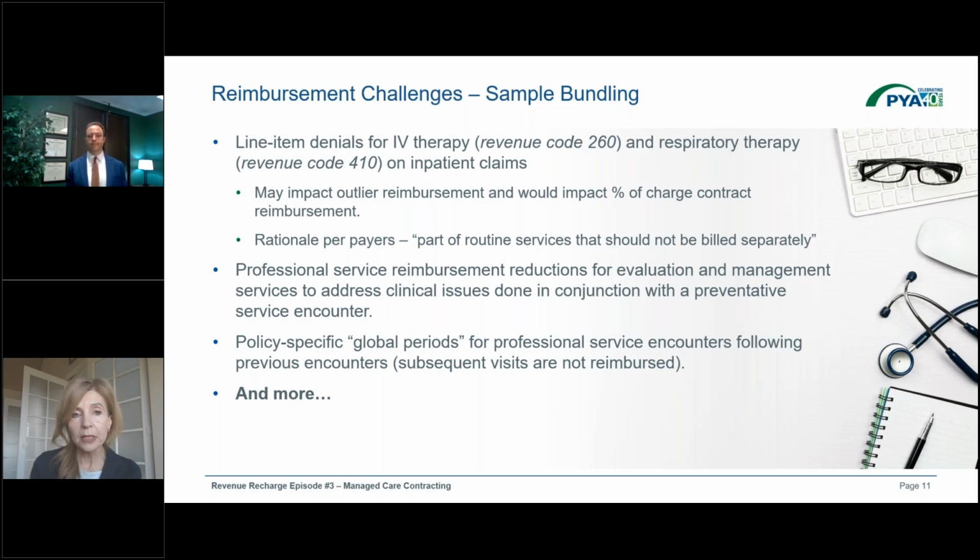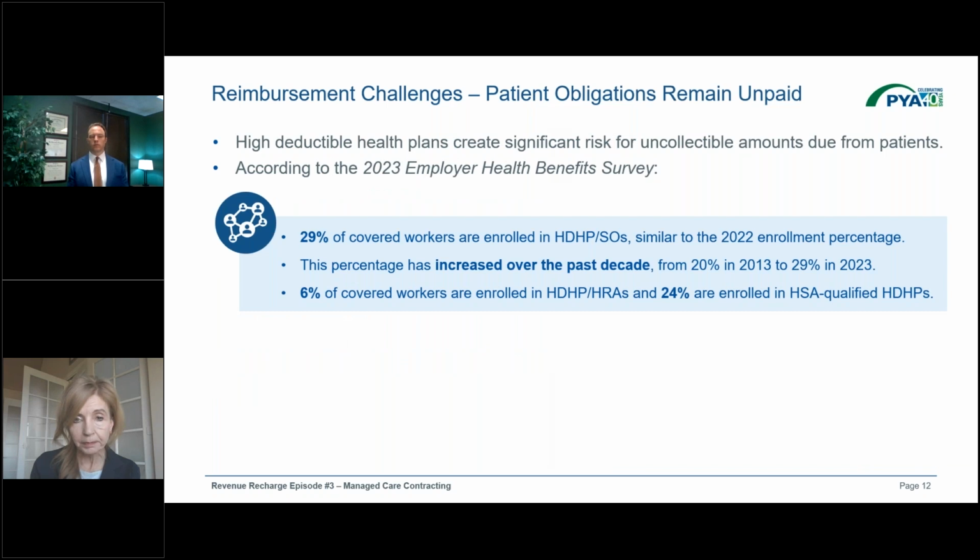There's other reimbursement challenges with bundling that I've listed as well. Take a look at some of these for your organization and make sure that these are not unintended reductions in reimbursement based on your contract in place for your facility.